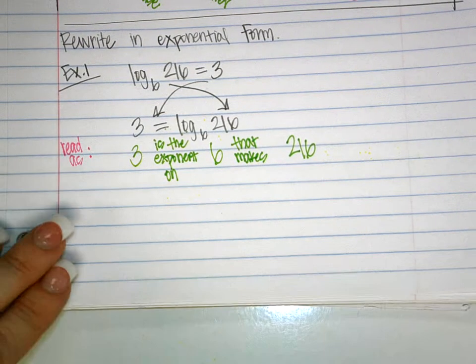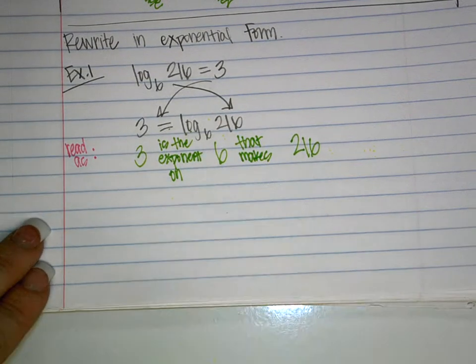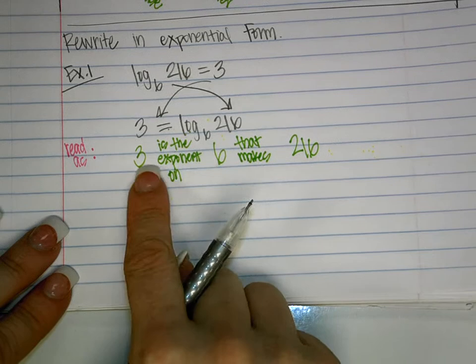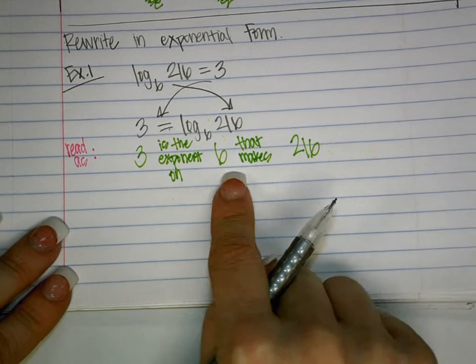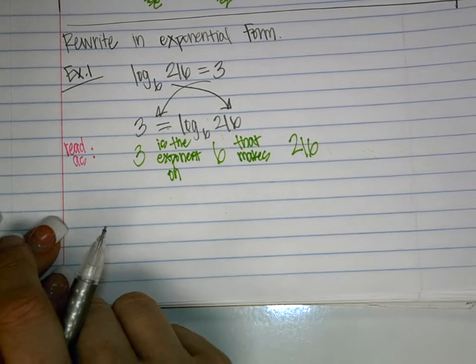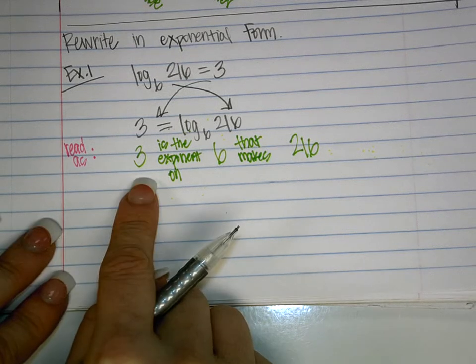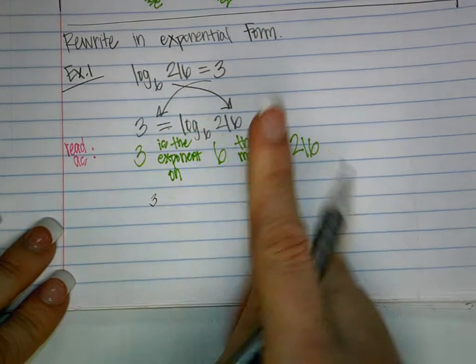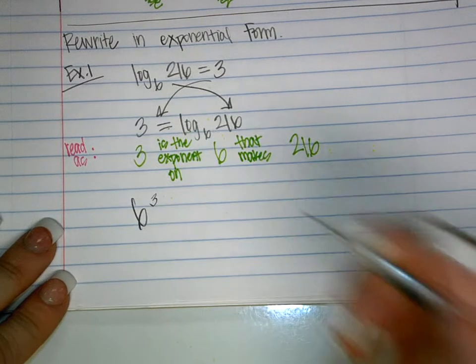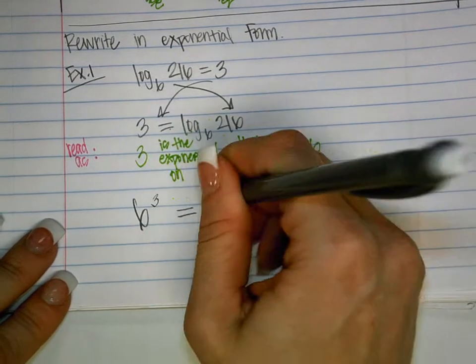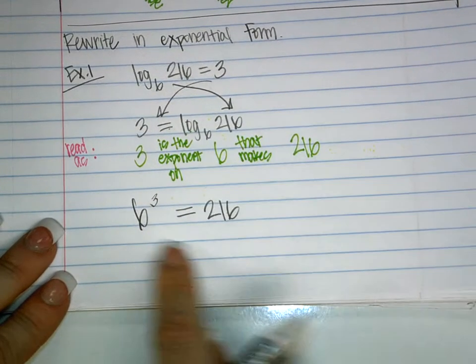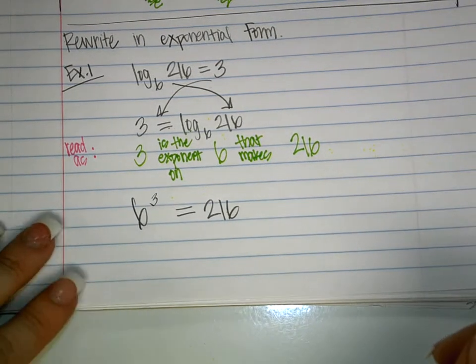Then we're going to write it as an exponential equation. So 3 is the exponent on 6 that makes 216. How would I write that as an exponential equation? 3 is the exponent on 6 that equals 216. That is your answer.